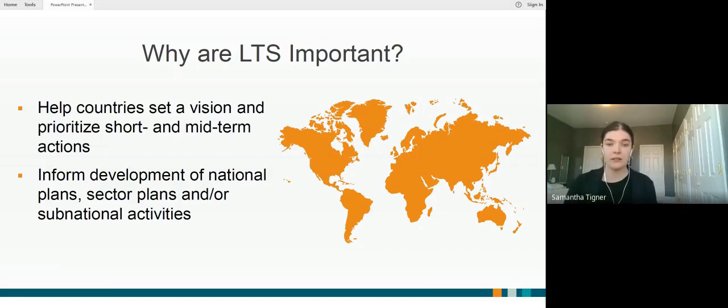And lastly, long-term strategies, as I mentioned, are already building upon the work that you're already doing in existing planning documents, like your NDCs or national adaptation plans, NAPs, or even high-level development plans. So this is a snapshot into why long-term strategies are things that your country should be starting to think about in the future.